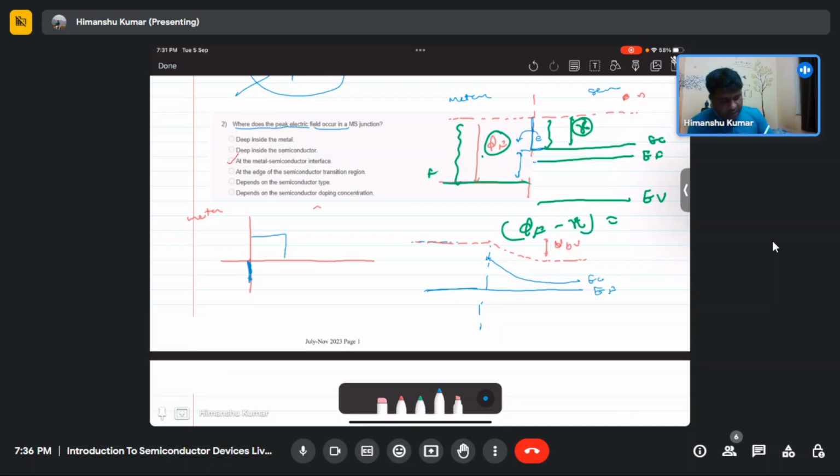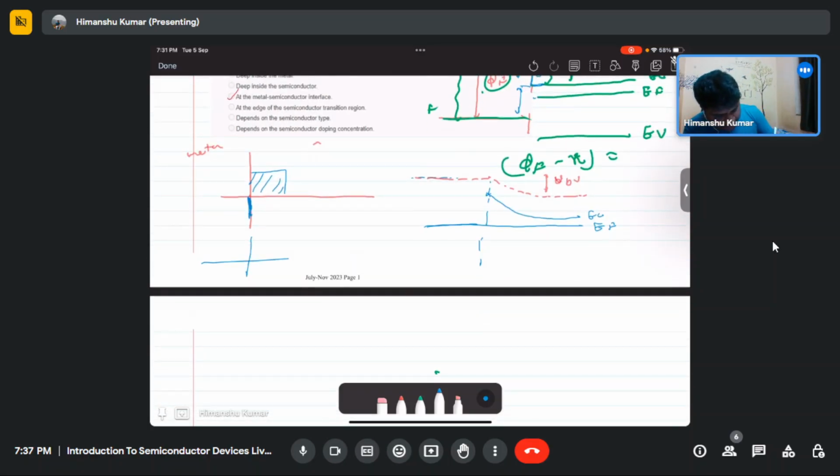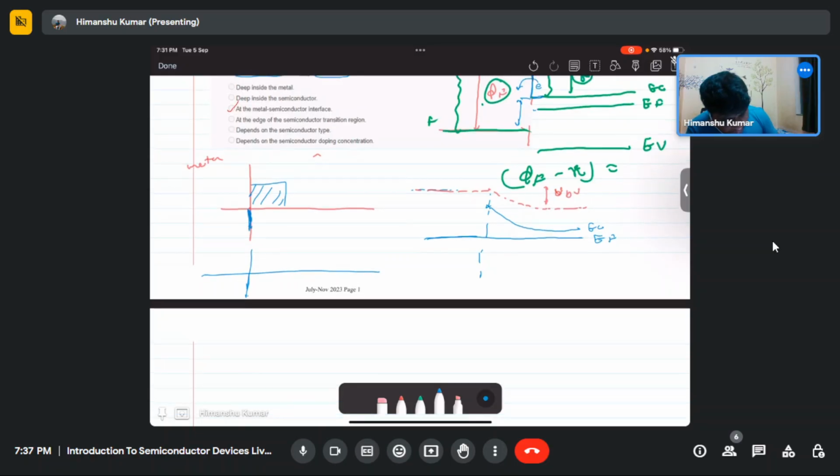Now this kind of space charge region will form, and if you derive the electric field from this, it will follow like this.